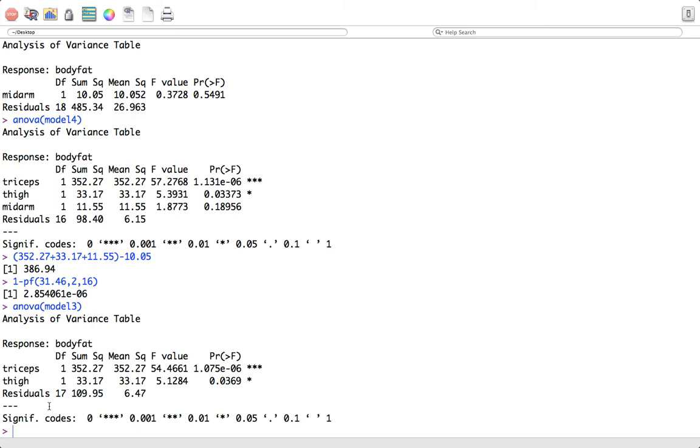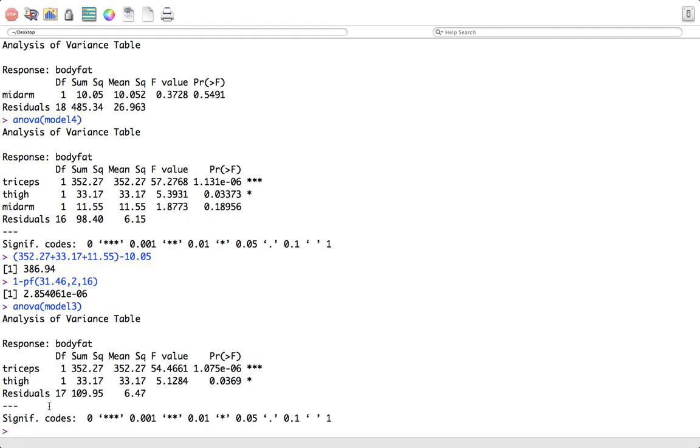So anyway, guys, at the end of the day, what can we say? The way I look at this, multicollinearity is a violation of independence. We have predictors that are highly correlated and highly related. So in the body fat example with triceps, thigh, and mid-arm, we see the triceps and thigh are highly correlated. They are essentially providing the same information.